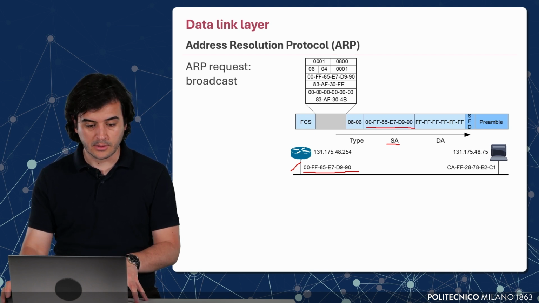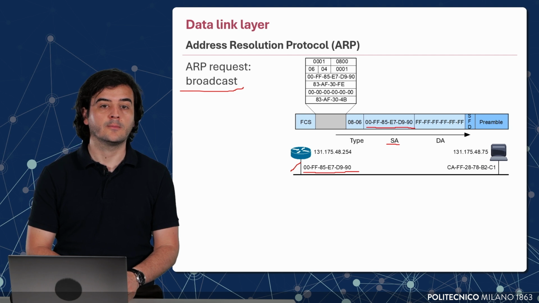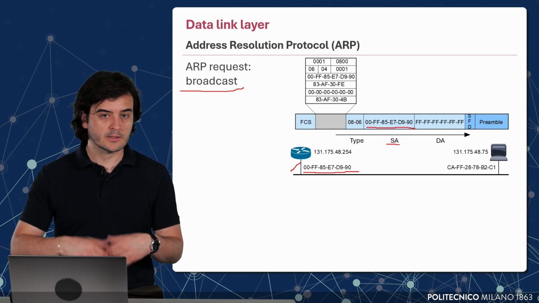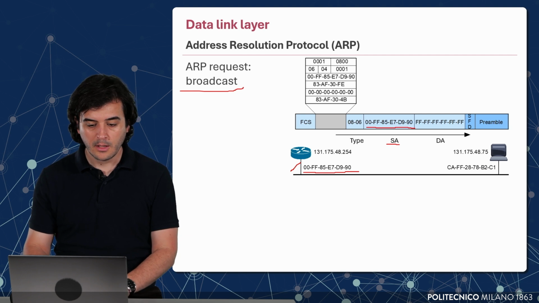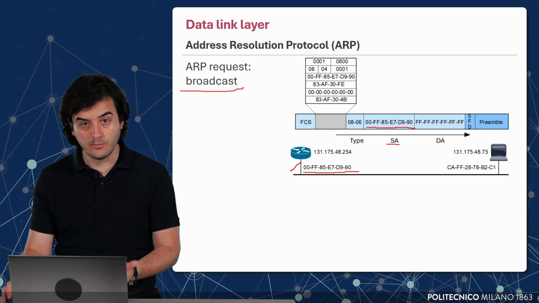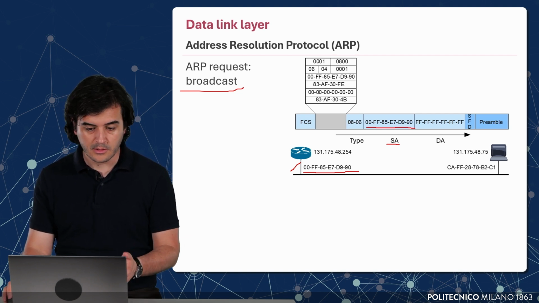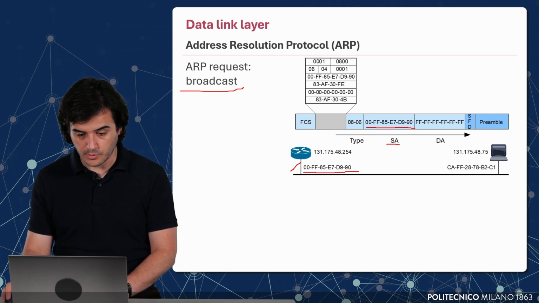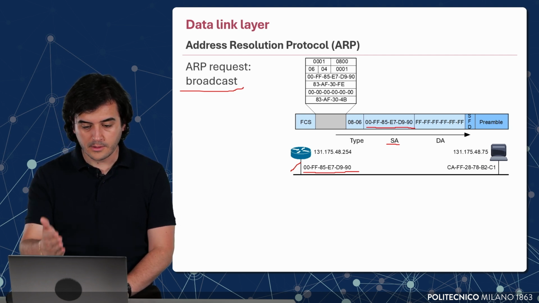When the message is broadcast, all the bits in the MAC address are equal to 1. Translated in hexadecimal format, a 48-bit address is denoted as F in hexadecimal format.